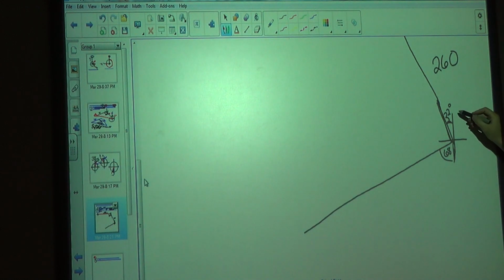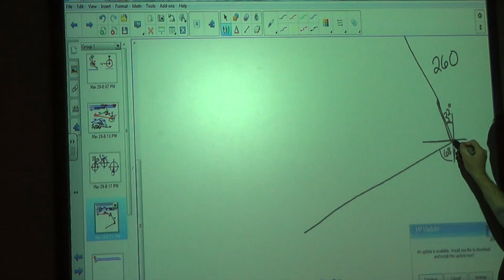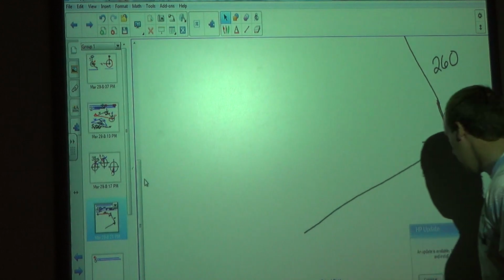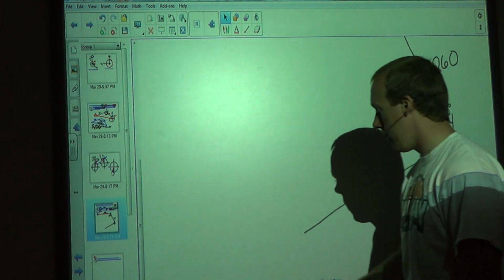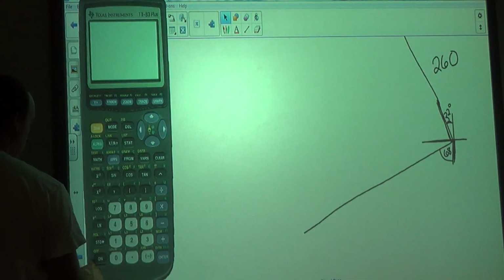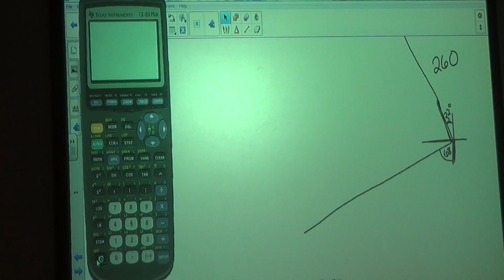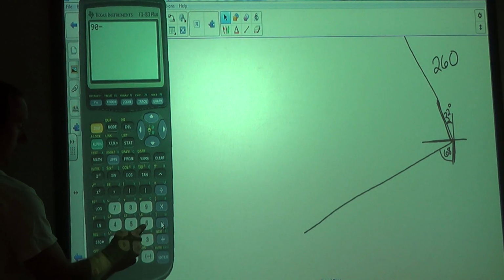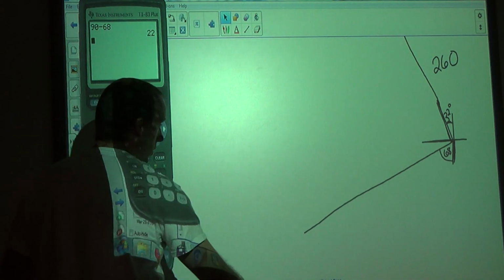Then I got to figure out the rest of the stuff. So if this made a right angle here, if that's 68 degrees, how would I find the missing angle? I'd go 90 minus that angle. So I would go 90 minus 68 degrees, and that's a 22.